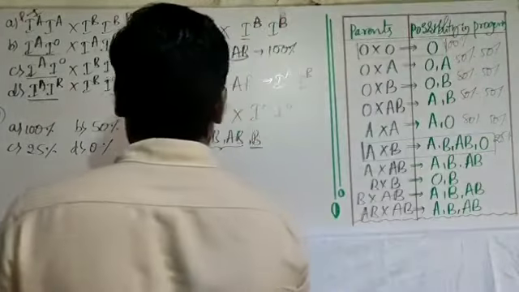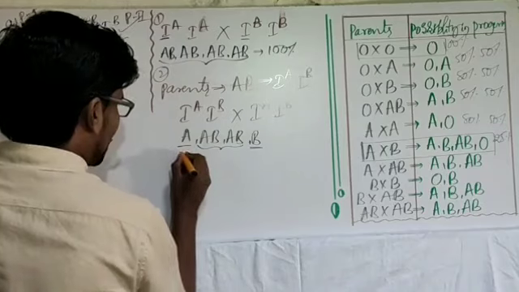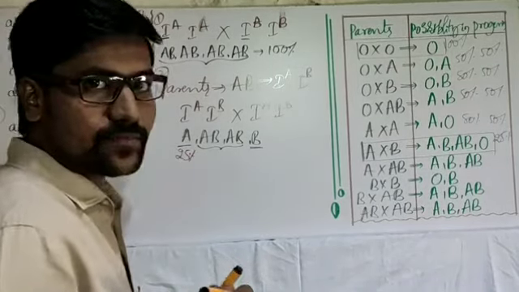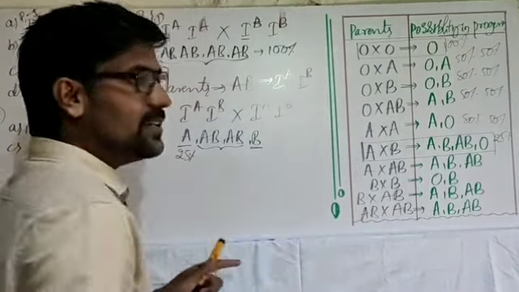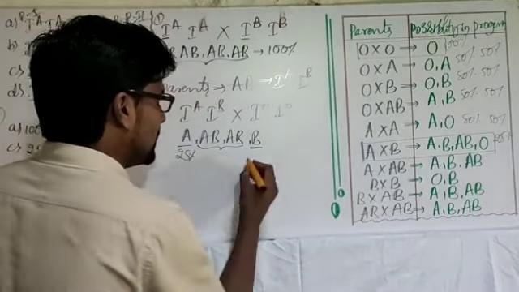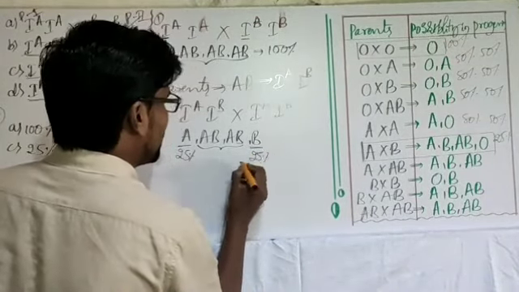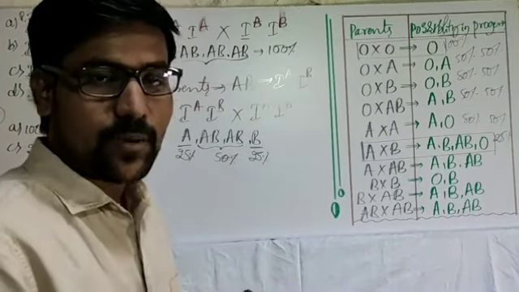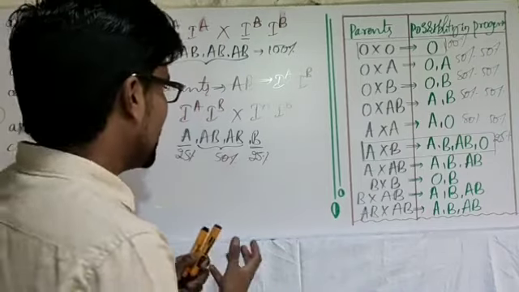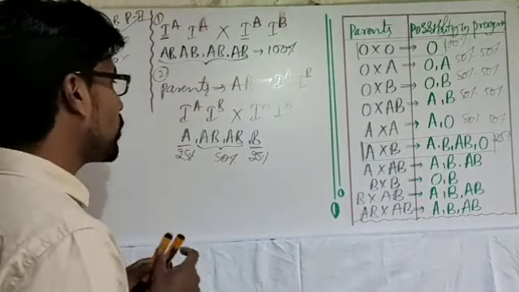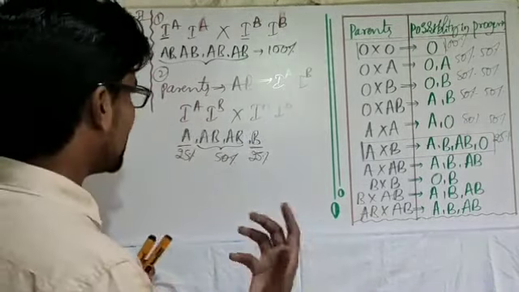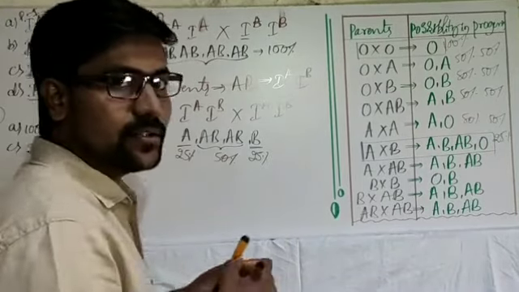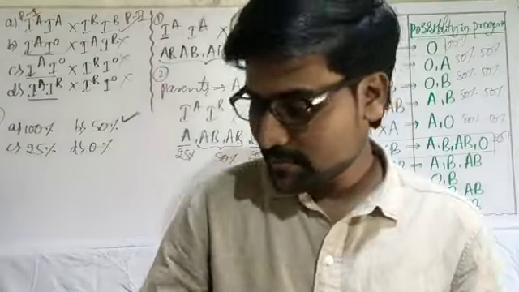And percentage wise, if you divide, here A means 25% chance. If we consider this is 100, so this is 25%, B also 25%, and AB it is 50%. Why? Because half portion, that one only is there. That means the expectation of AB blood group in the child is 50%. We can expect 50%.